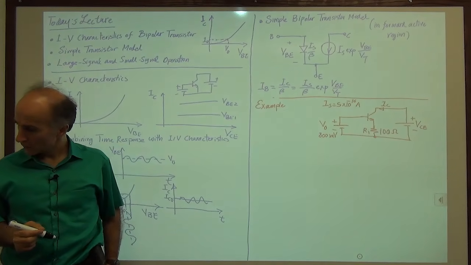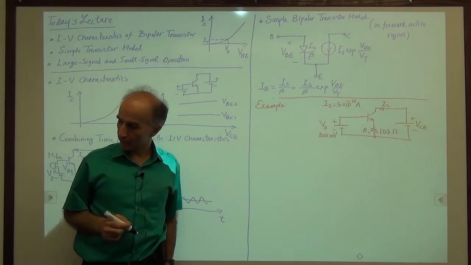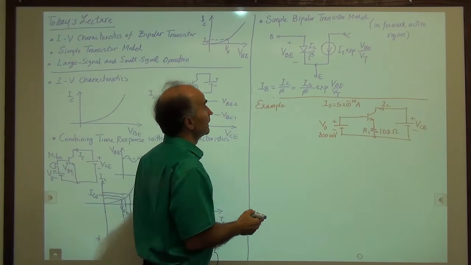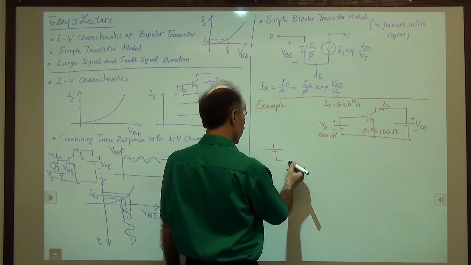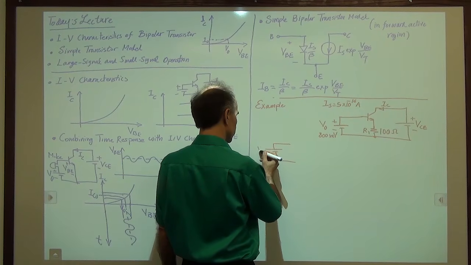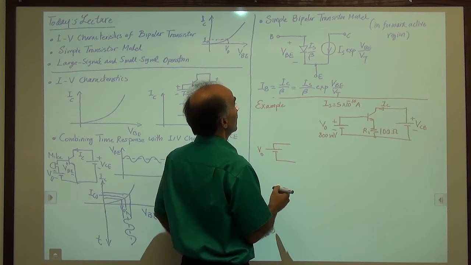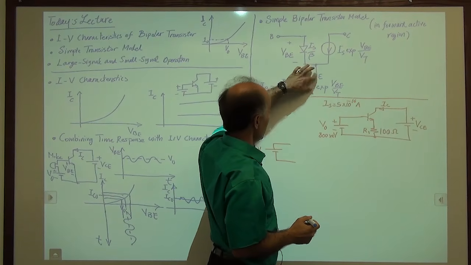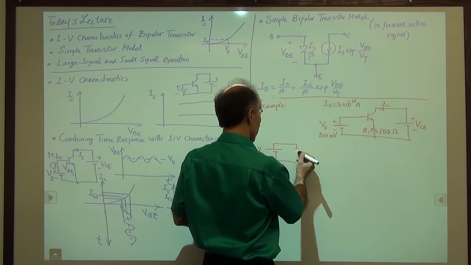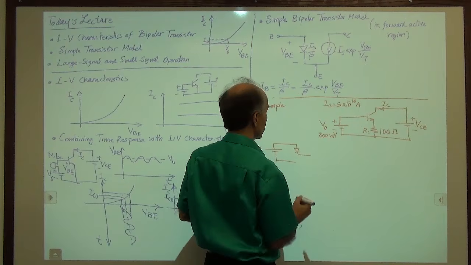Okay, so let's go ahead and replace it with a model. We can do it like this. So here's our V0. The model says place a diode between base and emitter. So here's a diode between base and emitter.